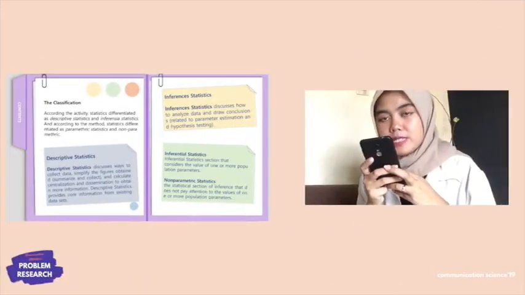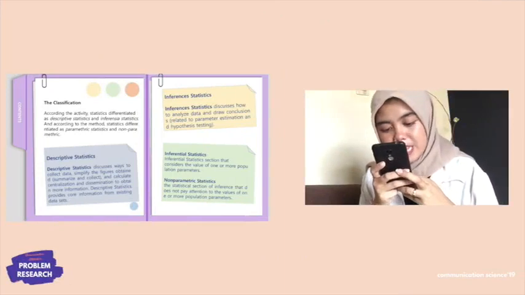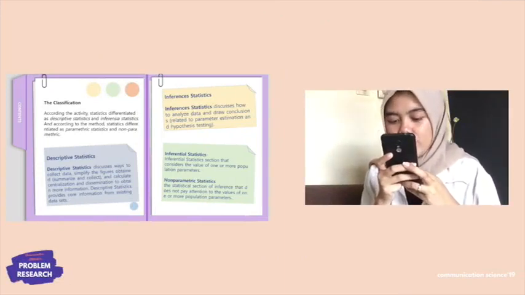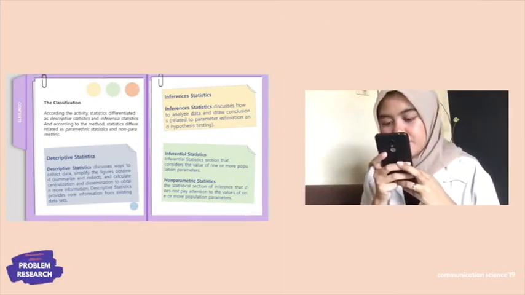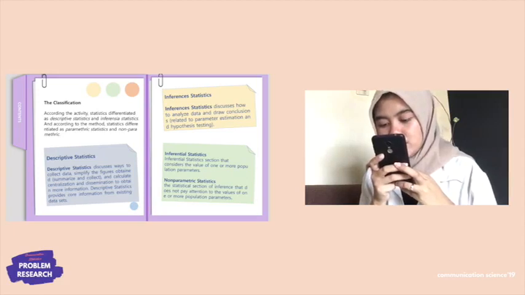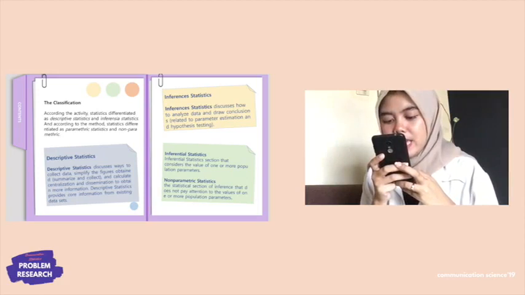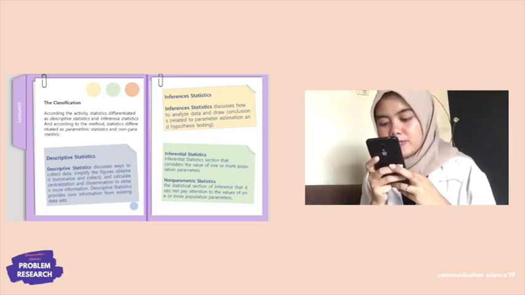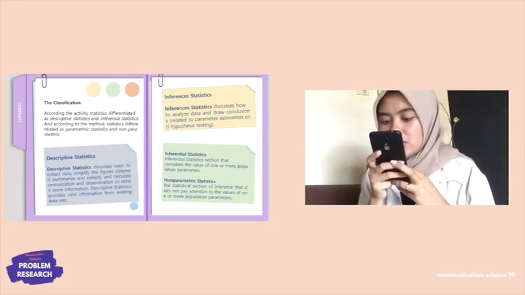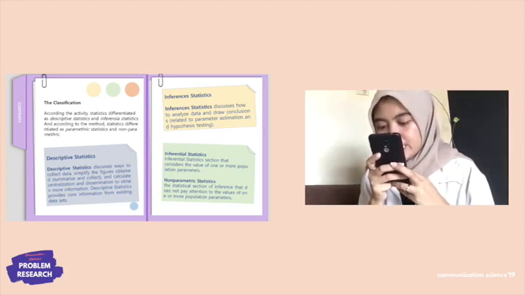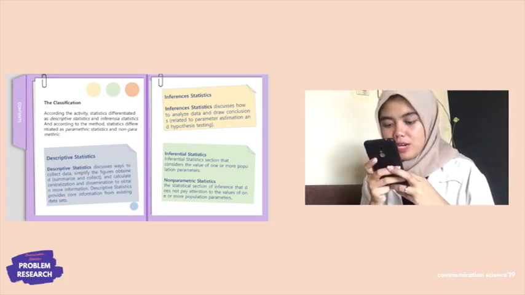First, descriptive statistics. Descriptive statistics discusses ways of collecting data and simplifying the observational figures obtained by summarizing and presenting. Presentation of data in descriptive statistics is usually in the form of graphs, diagrams, etc.